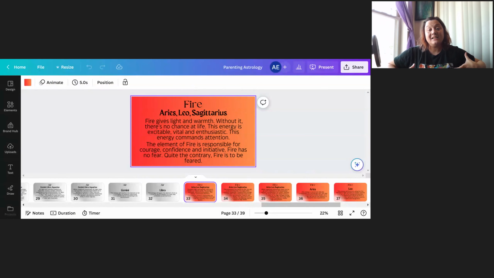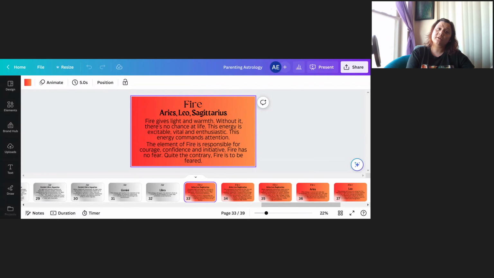you're getting that energy that's missing. So with fire, having something hot, like a sauna, or a campfire in the summers and stuff like that. It's important to compensate for those things that might be lacking in yours or your child's chart.